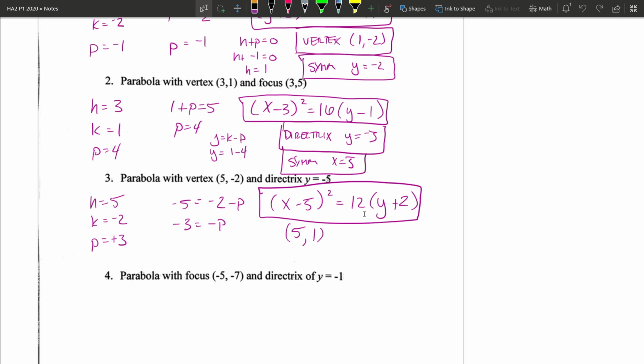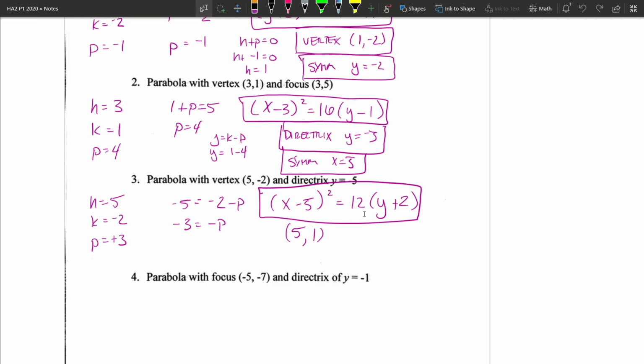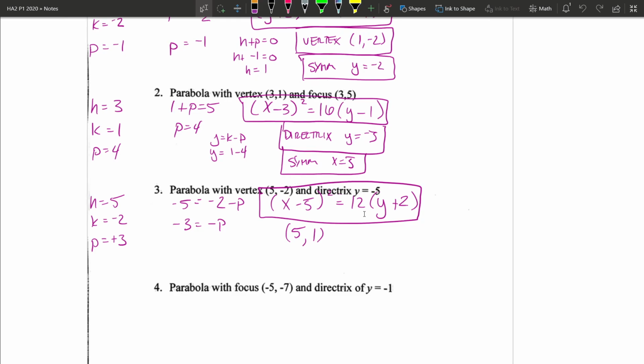Scoot that over so it looks pretty. The focus. Uh-oh. Well, I'm making this thing mad. Well, I guess that is what it is.